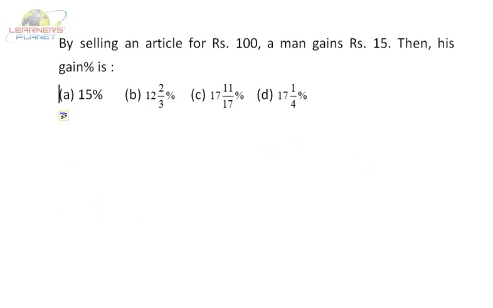Now let's see this question. By selling an article for rupees 100, a person gains rupees 15. What is his gain percent? Now percentage profit is always calculated on cost price. Okay. Here we are given the selling price of the article. So first of all we have to find out the cost price of the article. Okay. Friends, selling price is rupees 100, gain rupees 15.